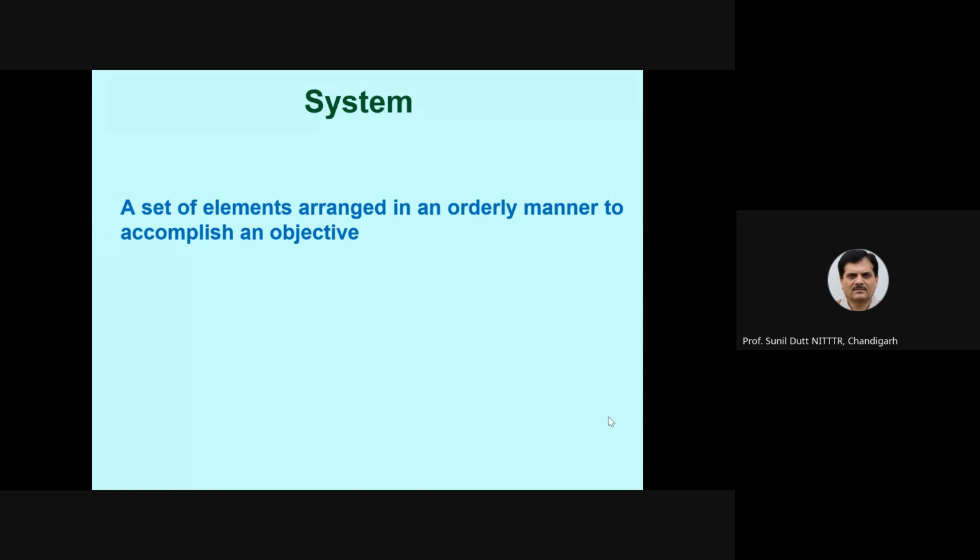So if there is any problem with any of the subsystems, it is going to affect the body as a system either beneficially or adversely. So a system refers to a set of elements arranged in an orderly manner to accomplish an objective. The purpose is to accomplish an objective.